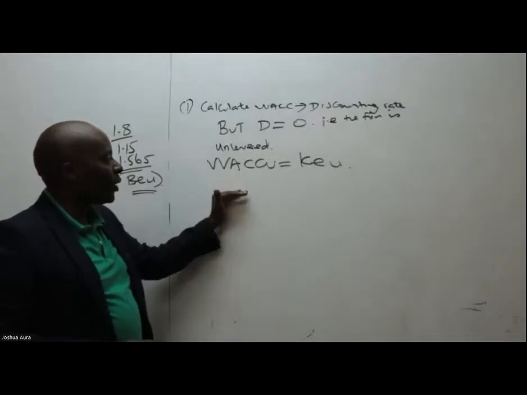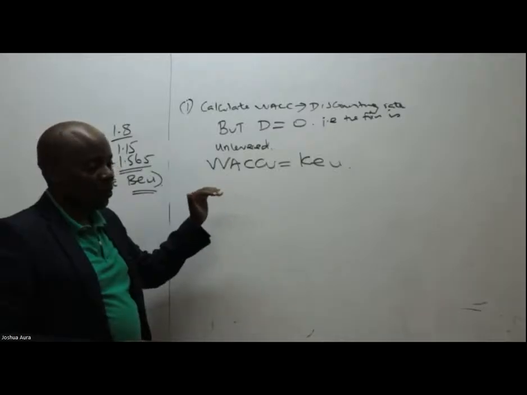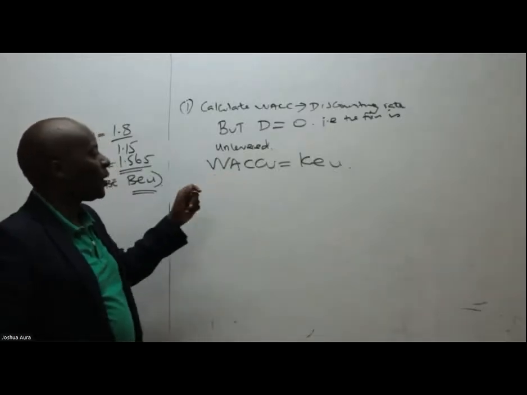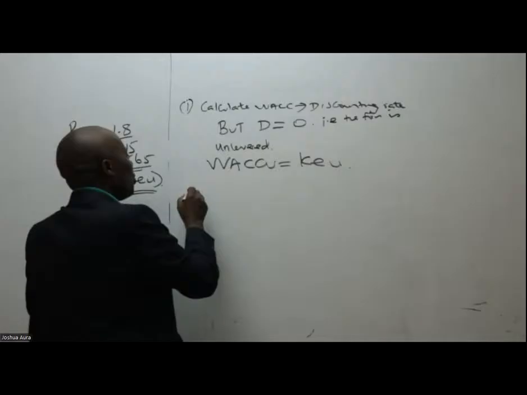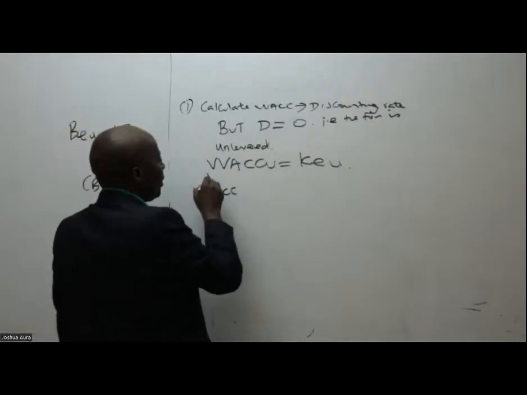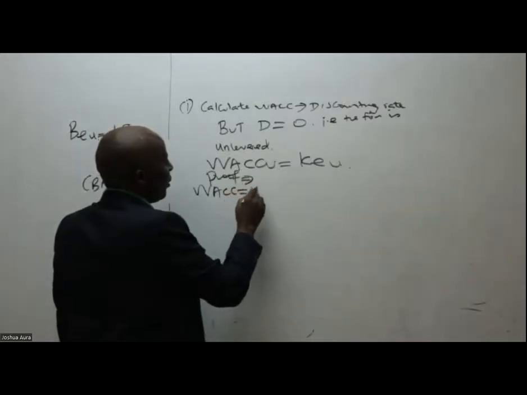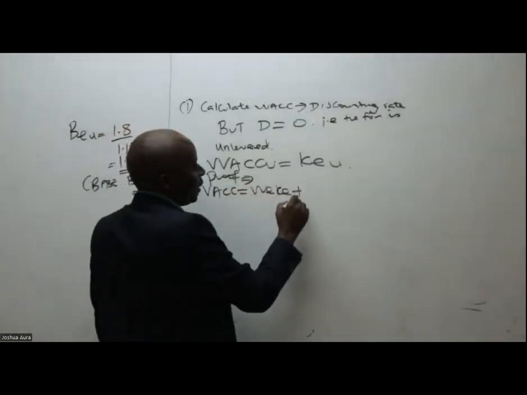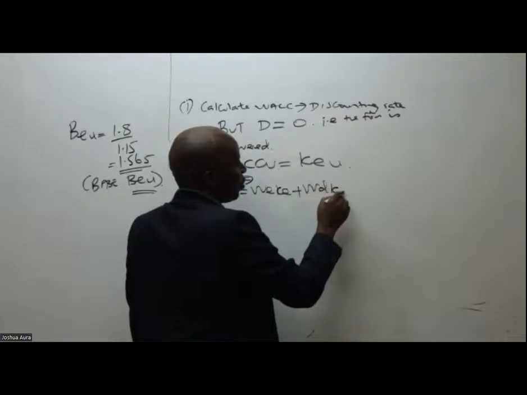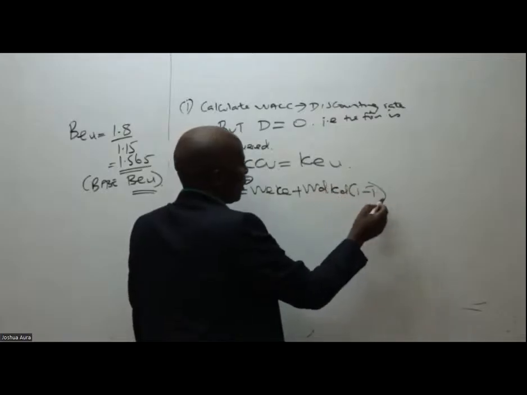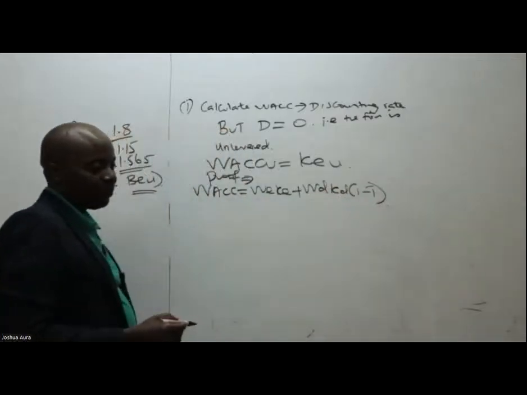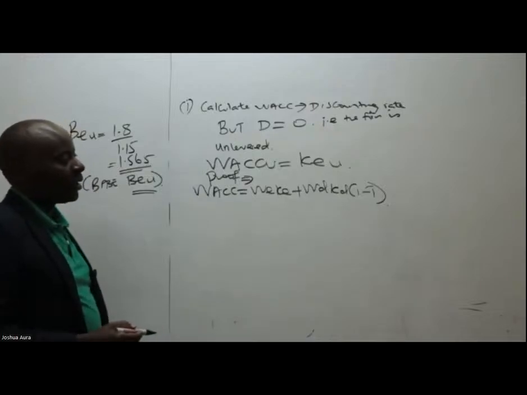No. It's WACC_U equals K_U. And we can prove this. To get WACC, we take weight of equity times cost of equity, plus weight of debt times cost of debt, times 1 minus tax.